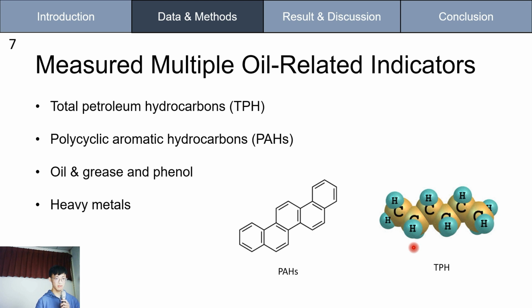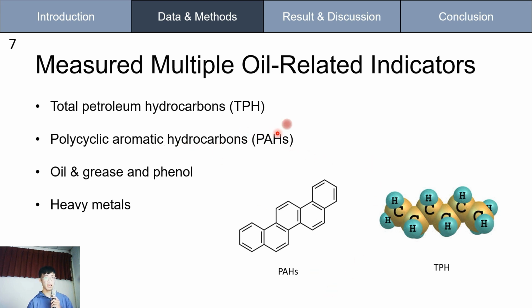And the researchers analyzed several water quality indicators related to oil pollution, including TPH, total petroleum hydrocarbons, polycyclic aromatic hydrocarbons.